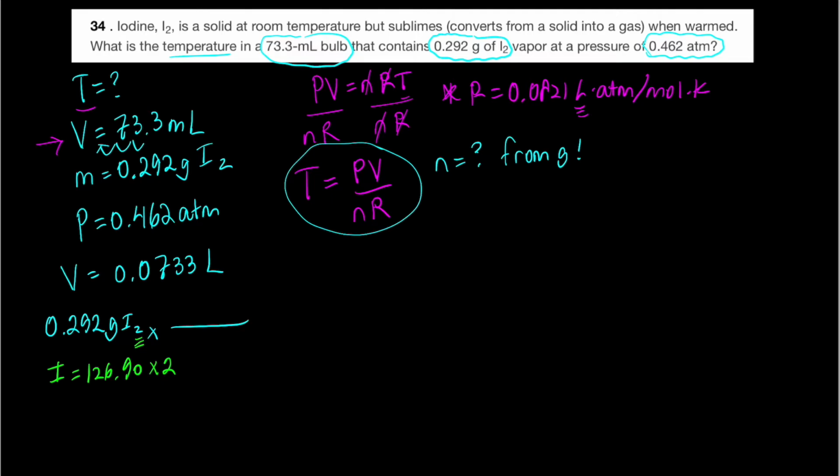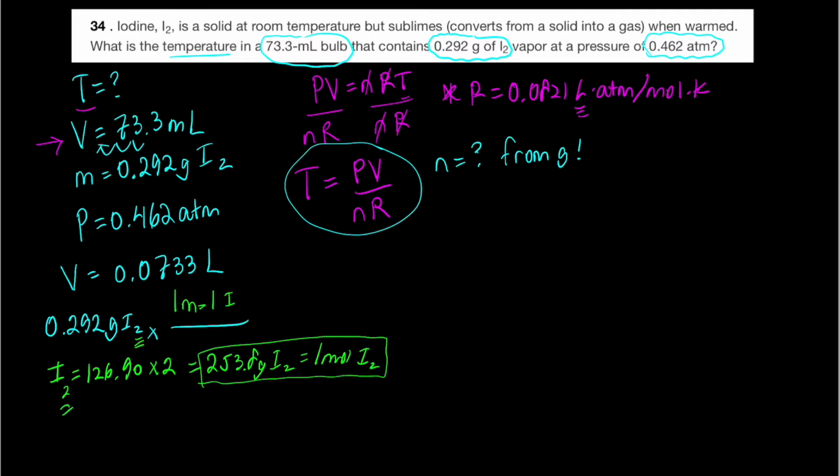When we do that, we get 253.8 grams of iodine. That's equal to 1 mole of iodine. So we're going to use this information in this box to fill in the conversion factor. We know that 1 mole of iodine weighs 253.8 grams of iodine, and the grams are going to cancel out.